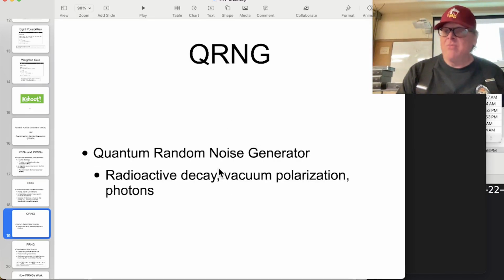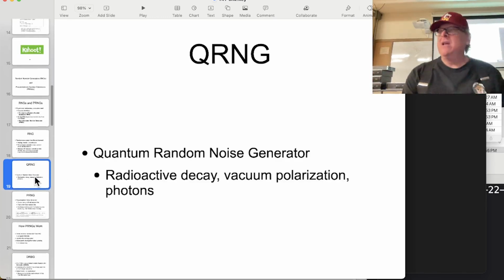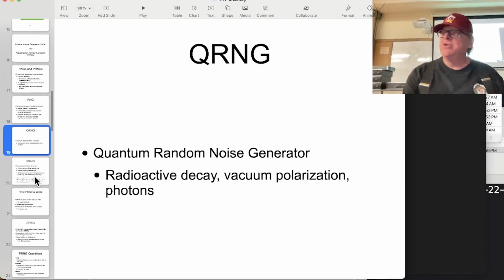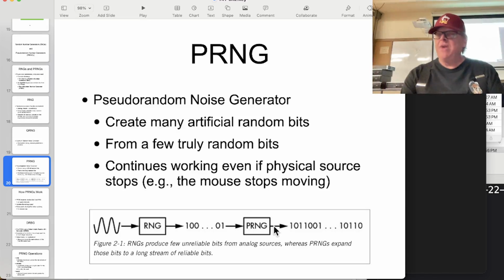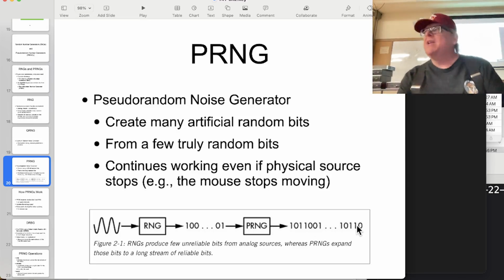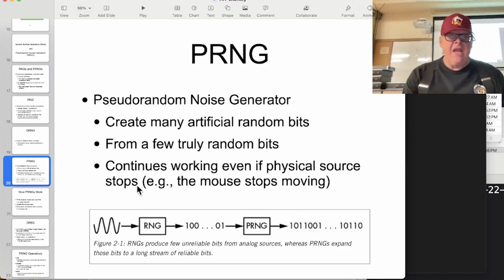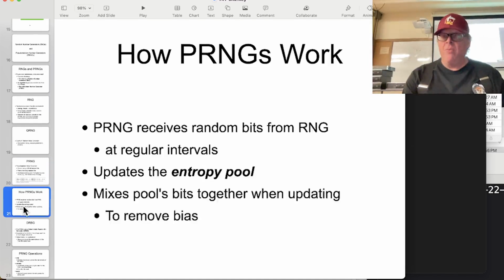Some people like quantum random noise generators. You have something like radioactive decay or photons, which are intrinsically very random and not very sensitive to things like temperature and such. Then you can have a pseudo-random noise generator. If you have a few really random bits, you can then run it through some pseudo-random system that creates more bits out of it. And therefore continues working even if you stop having the physical source come in, for a while anyway.